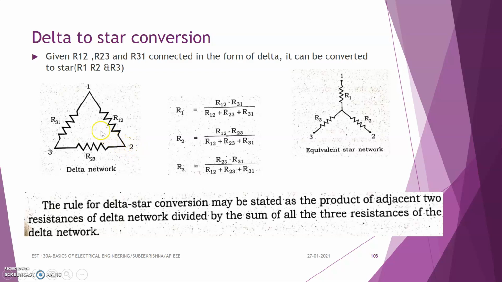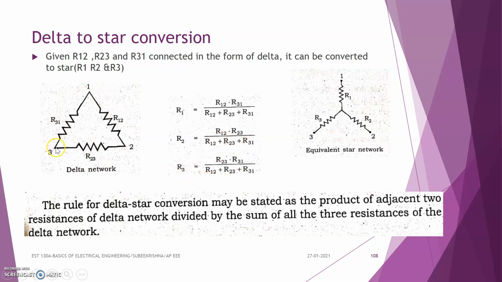The resistances connected to the upper and lower side of this R2 are R12 and R23. We should multiply those two resistances first. That is R2 is equal to R12 into R23 divided by the sum of total delta connected resistances, so R12 plus R23 plus R31.